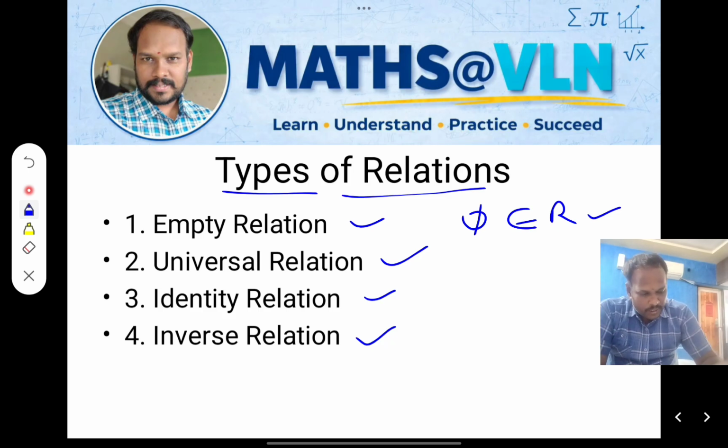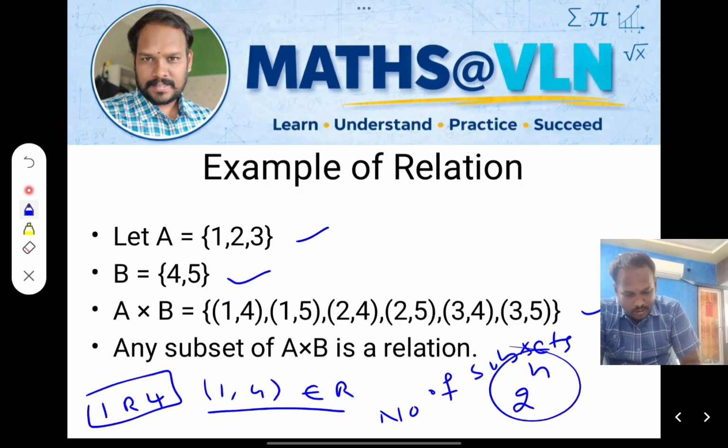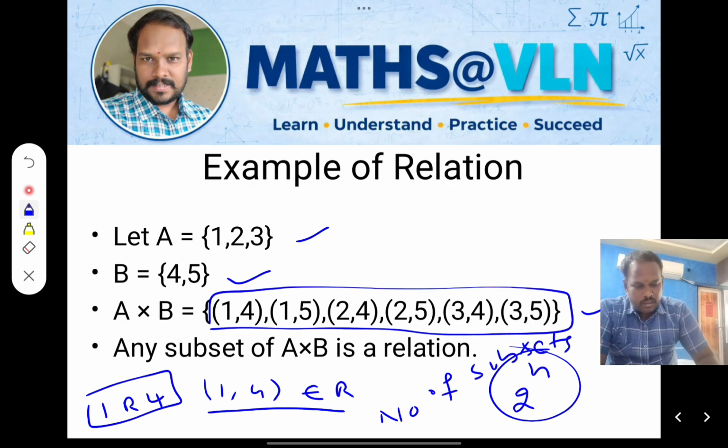For example, here, if you consider all these 6 ordered pairs, and they belong to the relation, then this type of relation we call a universal relation. All elements in A cross B are involved in the relation.